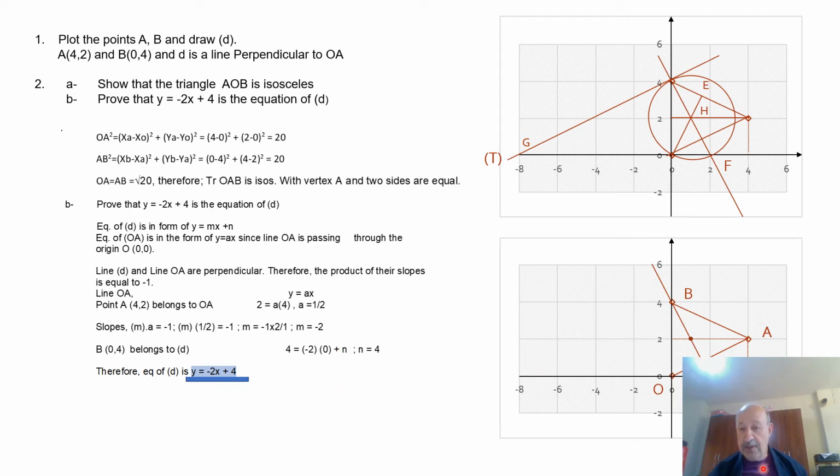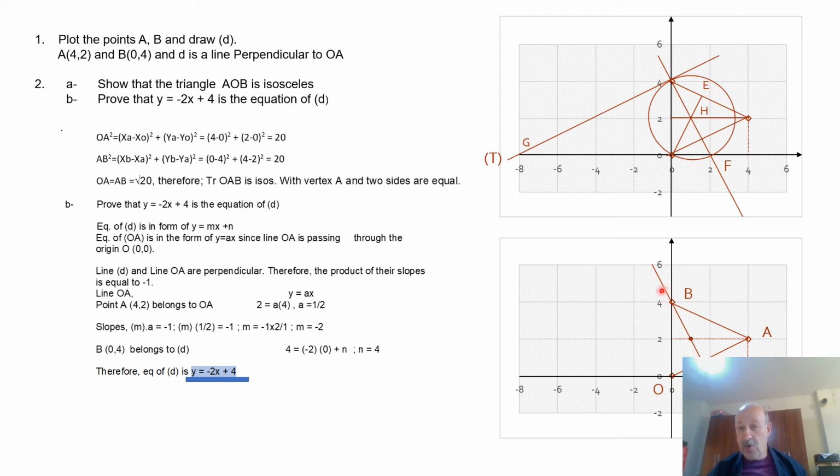Now, how to find the slope of D? We said that the product of the slopes is equal to -1. So the slope of D, m times a equals -1, m is equal to -1 over half, m is equal to -2. -2 is the slope of D, and D is in the form of y equals mx plus n, like we said here.